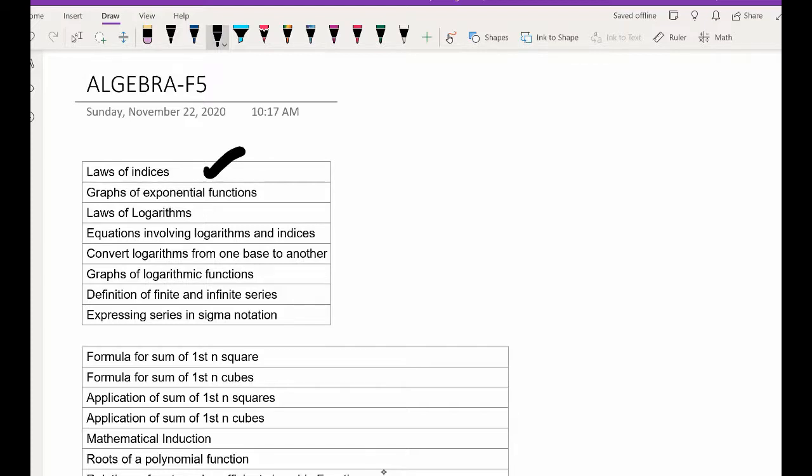You'll be in position also to convert logarithm from one base to another, graph of logarithmic function, definition of finite and infinite series, expressing series in sigma notation.